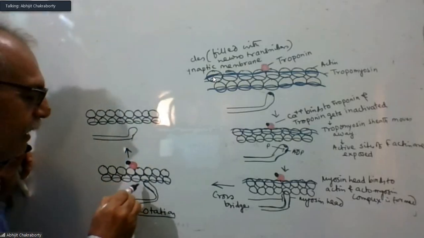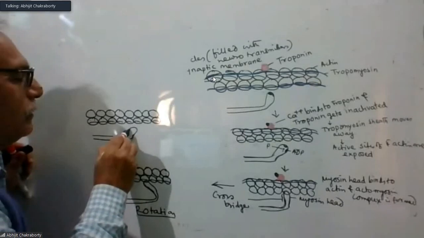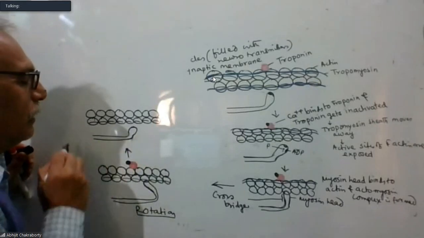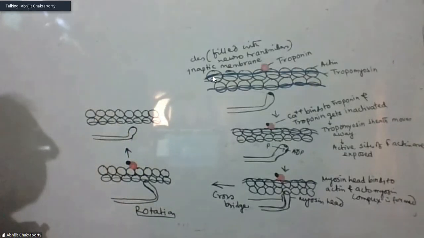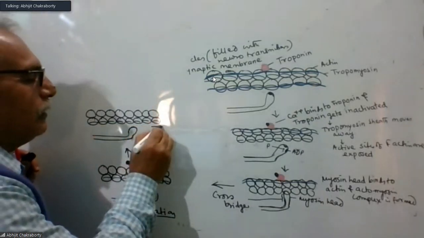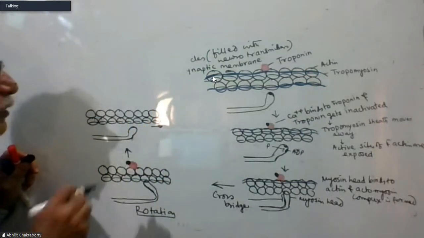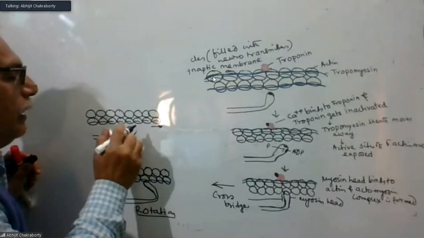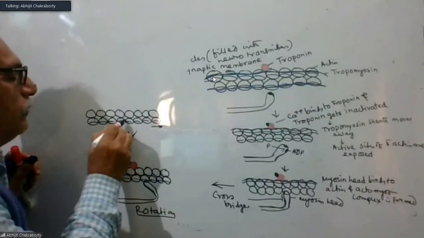Whenever ADP and Pi are available again, the head gets detached. Now this head, in the meantime, proceeds toward the center.